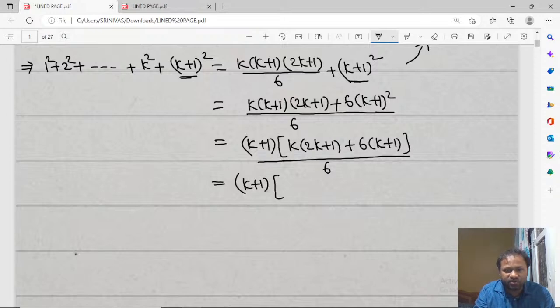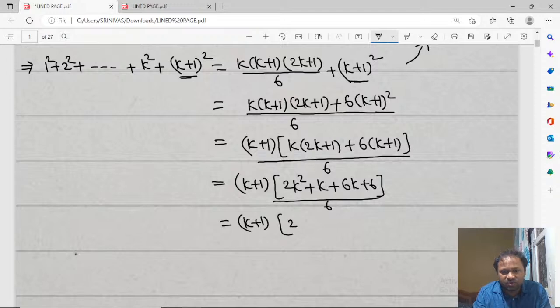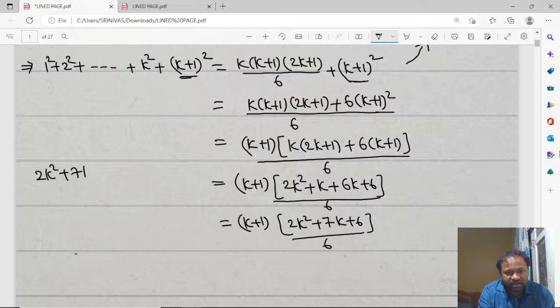(k plus 1) into, multiply these two, 2k square plus k plus 6k plus 6 divided by 6. That is equal to (k plus 1) into, now we can write it as 2k square plus 7k plus 6 divided by 6. Right. So 2k square plus 7k plus 6, we need to divide these into factors.